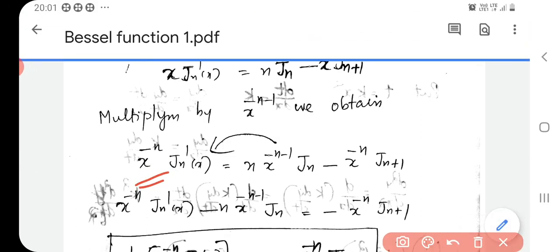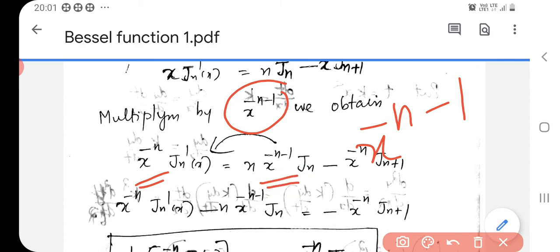On the left hand side you have x to the power minus n Jn prime of x, and here you have n x to the power minus n minus 1 Jn of x. Then you have x to the power minus n Jn plus 1.